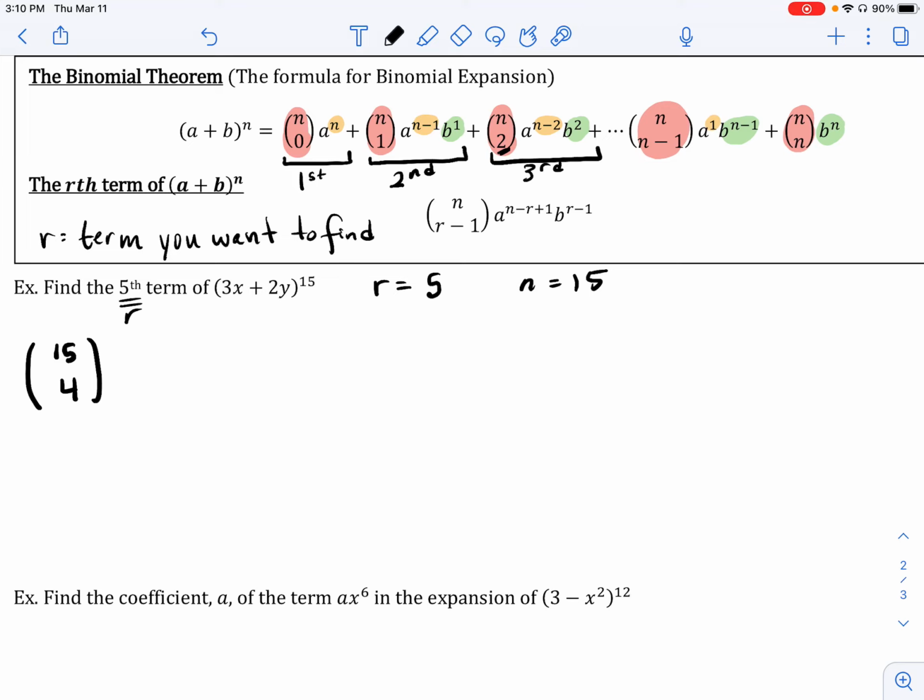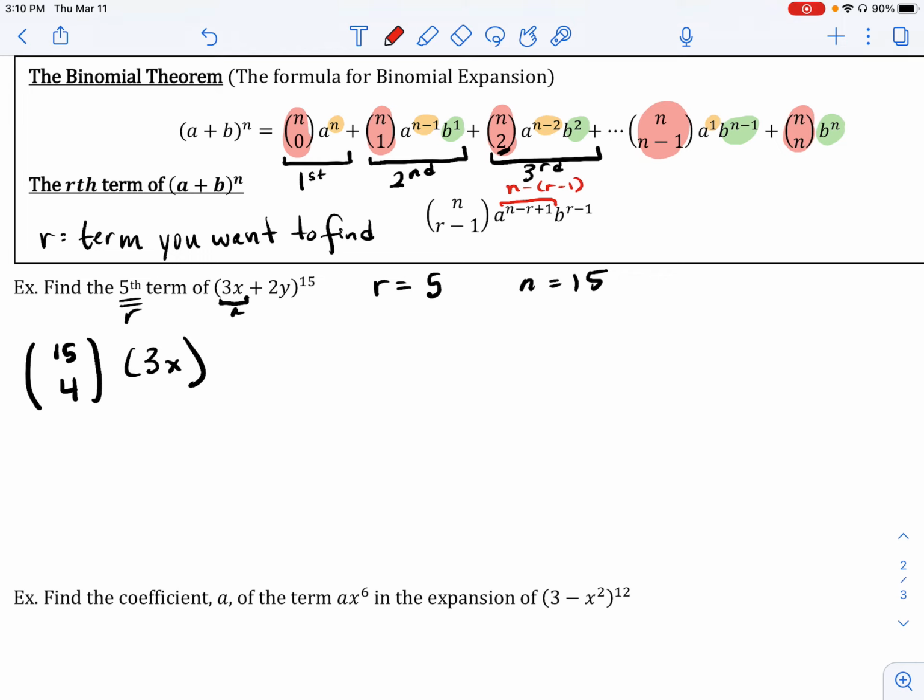Now from here, the rest of it is pretty easy. We're going to then take our a value. In this case, our a value is 3x, so 3x. And this part right here, don't let this confuse you too much. All we're saying is n minus whatever your r minus 1 is. And I just went ahead and distributed that negative, which is why it looks like n minus r plus 1. So that's not a typo.